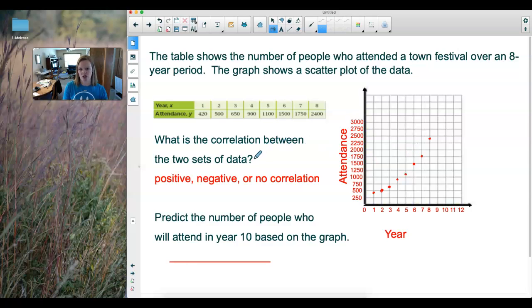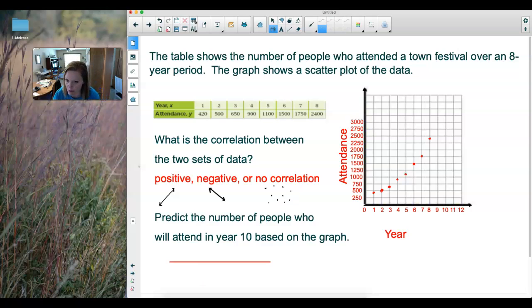So what is the correlation between the two sets of data? Now remember, if it's a positive correlation, you're going to see the graph going in an upwards direction. If it's negative, it's going to go in a downward direction. And if there's no correlation, the dots are just going to be spread all over the place.